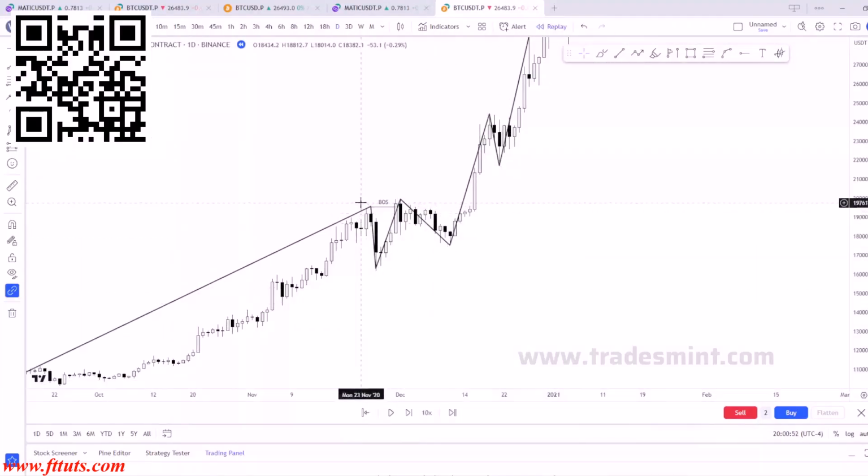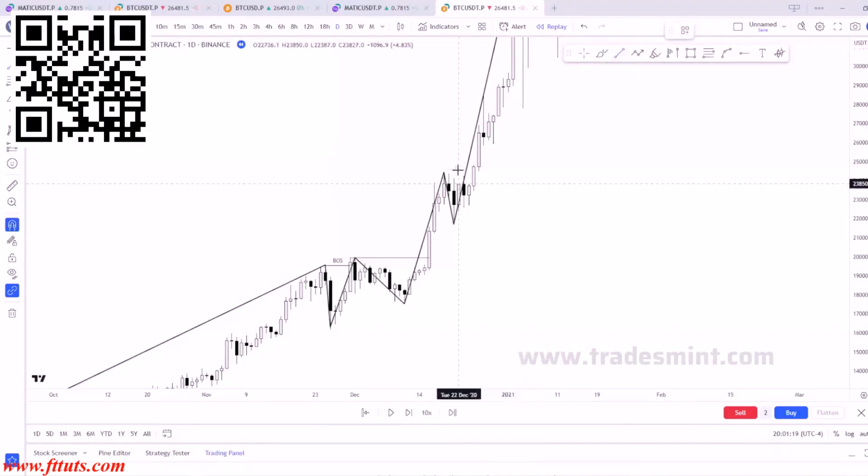So now we have a bullish break in structure. Although not very significant, it still remains as a bullish break, and the trend is still continuing bullishly. So we have bullish break 1, bullish break number 2, and finally, we have our bullish break number 3.